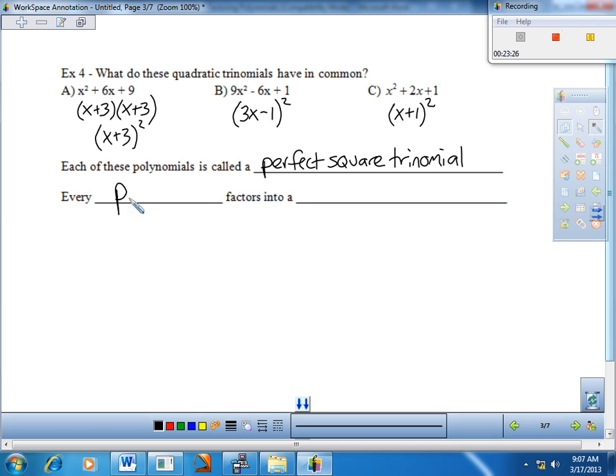And then let me just go ahead and shorthand this so we can move. So every perfect square trinomial factors into what is called, and we've seen this phrase as well, everybody, square of a binomial. Great name for it, of course, because that's exactly what it is, square of a binomial.